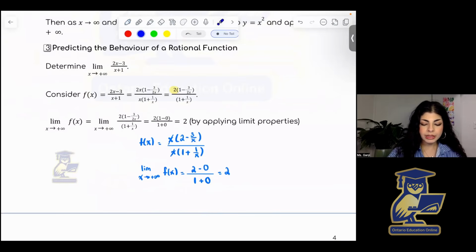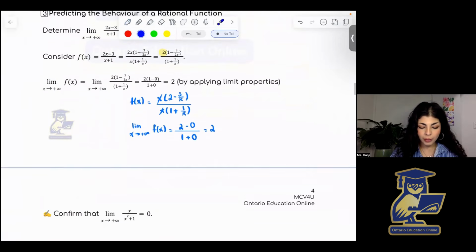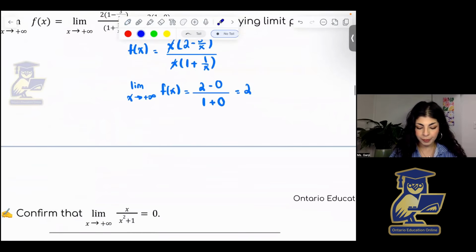But for simplicity, you'll often see the full term for x with the highest degree being factored. So in this case, 2x, and in this case, x. And so we do have that the limit from the end behavior from the positive side is going towards 2.